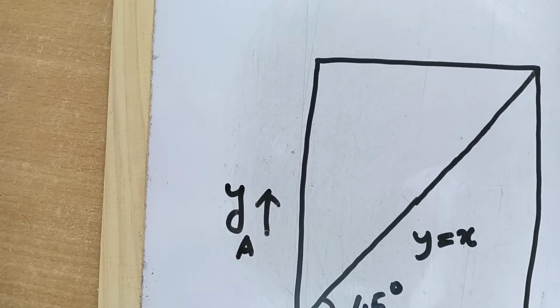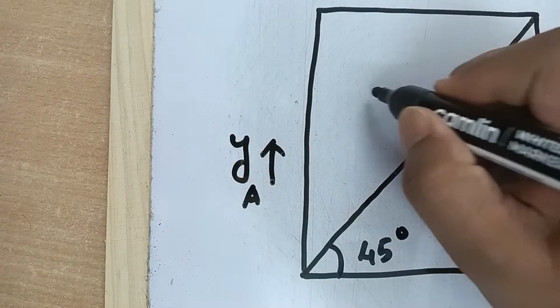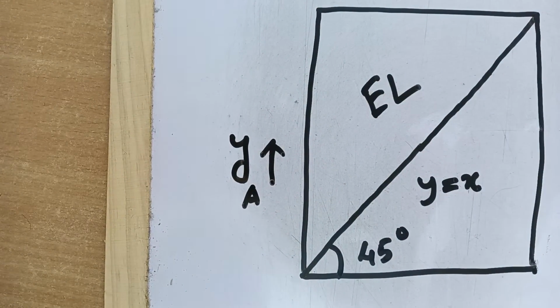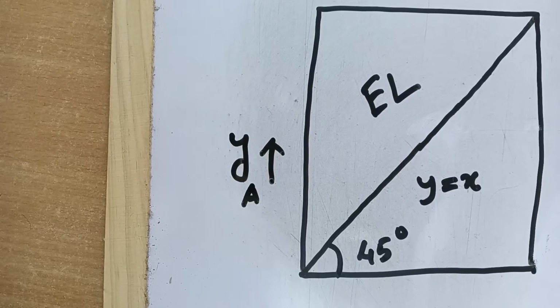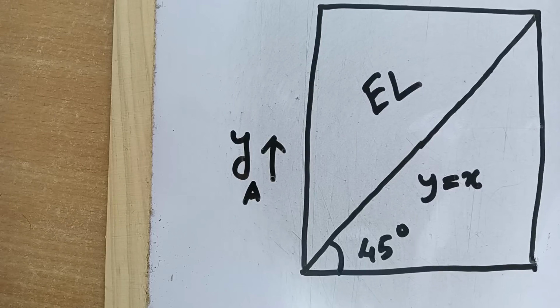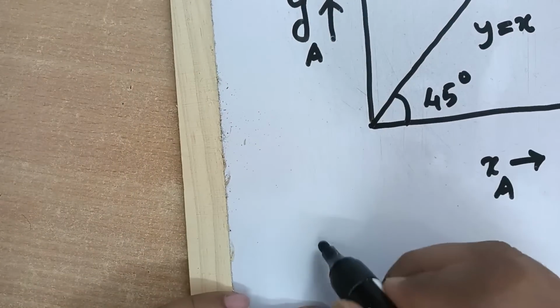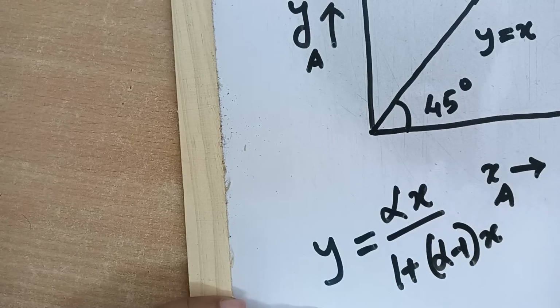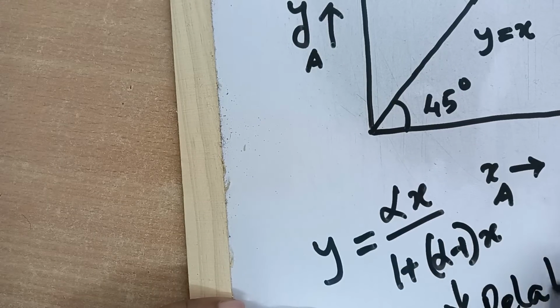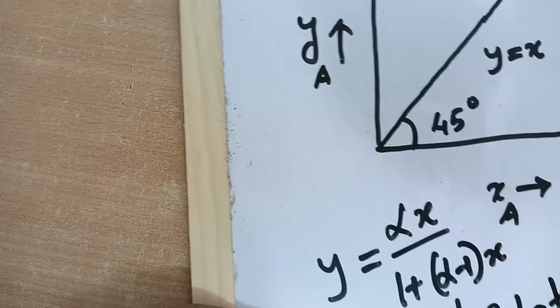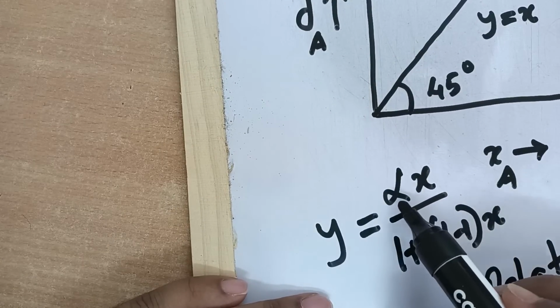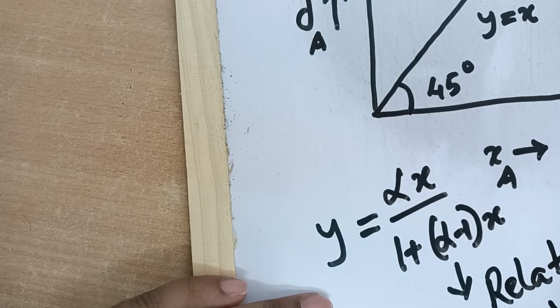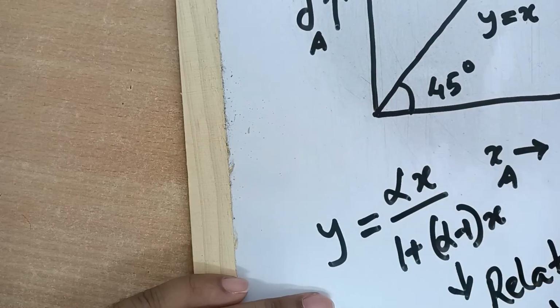To draw it, either the experimental data will be provided, or if the data is not given, since it forms an ideal binary solution, one may use Raoult's law, where we come across an equation like y equals alpha x divided by 1 plus (alpha minus 1) x, where alpha stands for the relative volatility of A with respect to B. If the value of relative volatility is provided, one may put in the number, get a y equal to f(x) type relationship, and draw the equilibrium line.